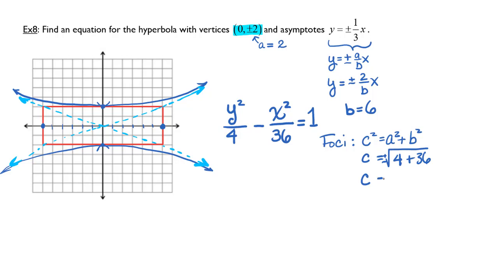So c is equal to plus or minus the square root of 40, which is approximately 6.3. And so my foci will be at plus or minus 6.3 and 0 in the x direction. There you go. That's how you sketch these hyperbolas.